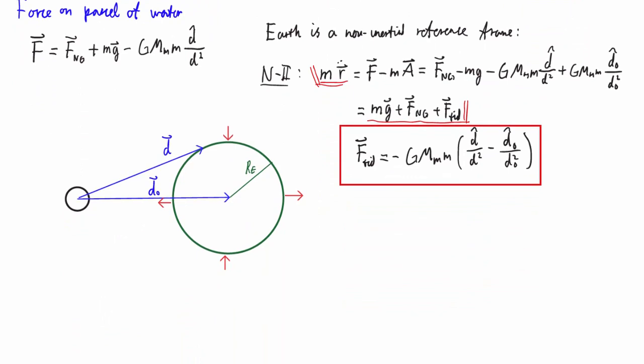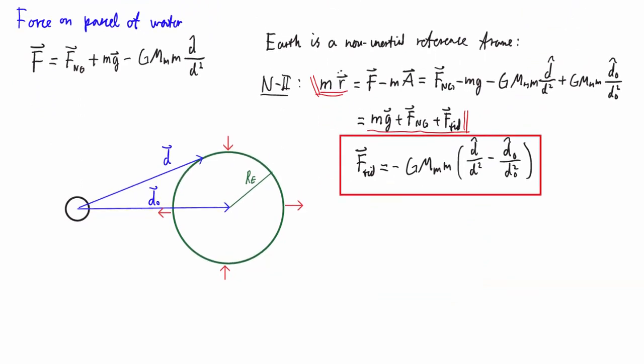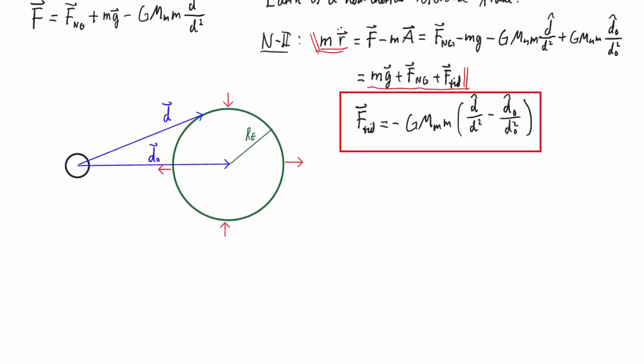Okay. Now, our job, I didn't mention it, but our job here is actually to figure out the height of the tide, which you should be able to do here from what the forces are. So to find the height of the tide, we will make an assumption, which is partially true.